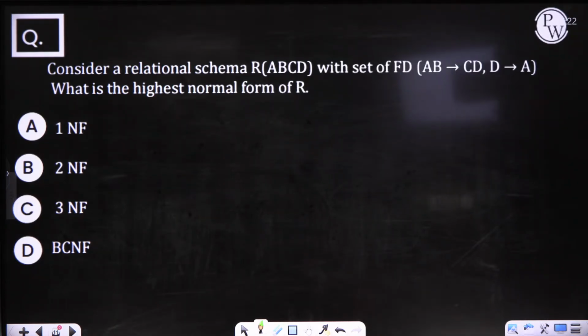Sri Ram Sharma, very good evening. Tell me fast.